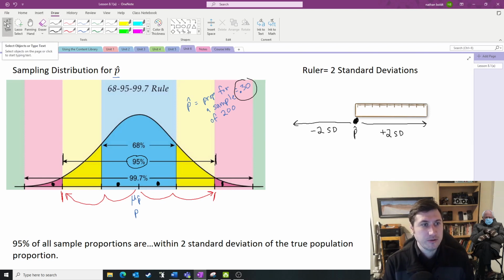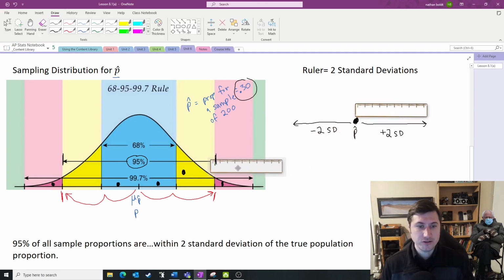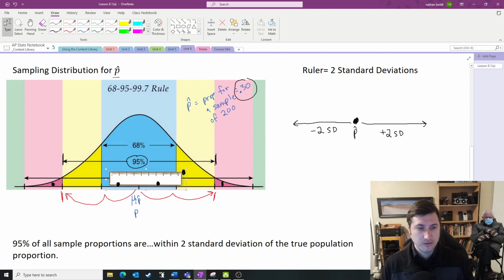So, like, one option could be if I say my dot is right here. Okay? Well, that is within 2 standard deviations of the middle. I'm going to take my ruler. As you can see, the true population proportion is inside that ruler.